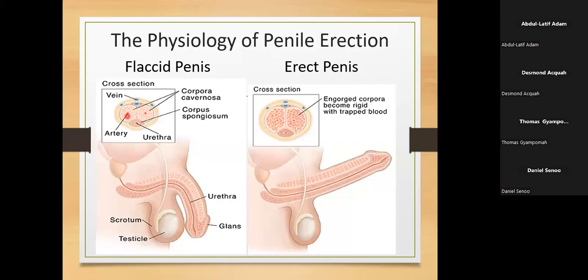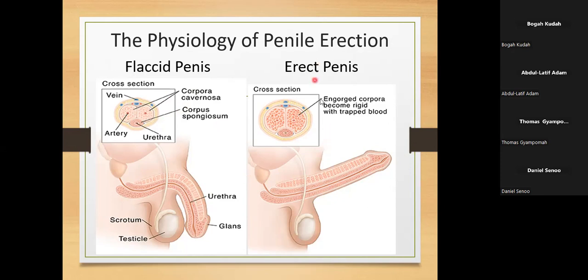You see, and we are going to talk about what will cause the artery to be constricted or contract, and what will cause it to also relax. Right? So once it has constricted, that means that blood flow into the corpus cavernosa will be limited. And once blood flow is limited, it's only the blood engorgement that will cause it to expand. So once the arteries have not expanded, and for that matter, blood flow is limited, then it means that the penis will be in this flaccid resting state like this one.